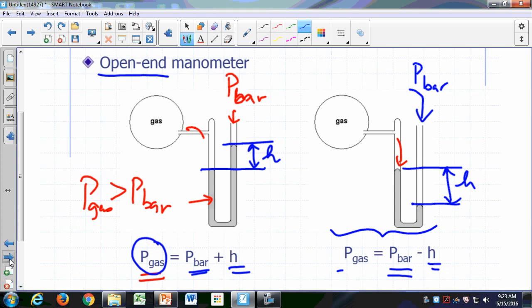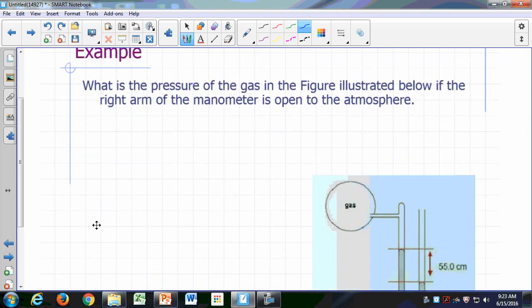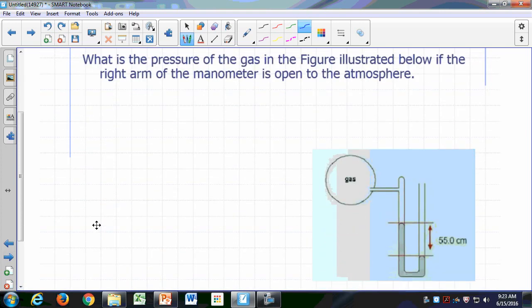Okay? So let's look at an example here. What's the pressure of the gas in the manometer illustrated in the figure here? The right arm, right here, is open to the atmosphere, and you have your gas right here.